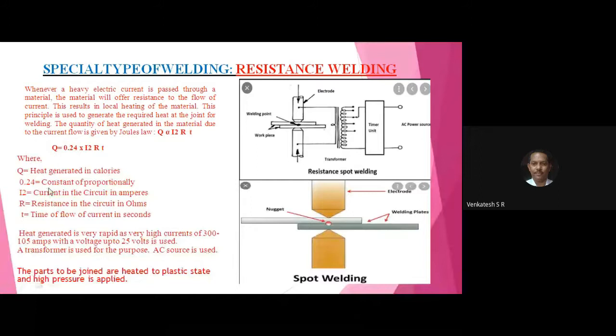Below that, write down where Q is heat generated in calories. Next line, write down 0.24, proportionality constant.